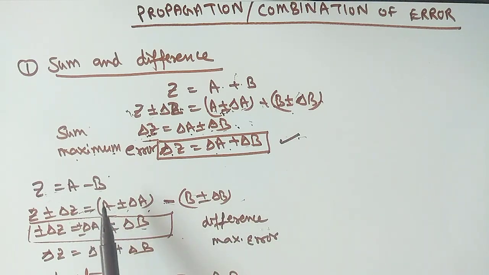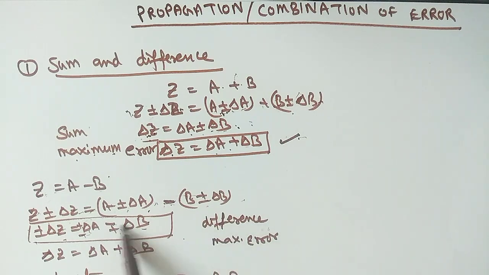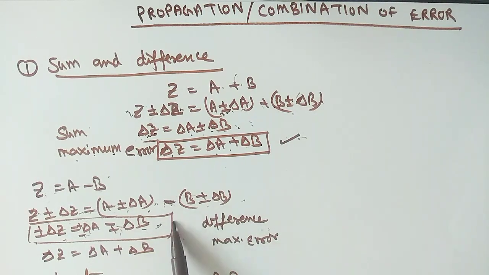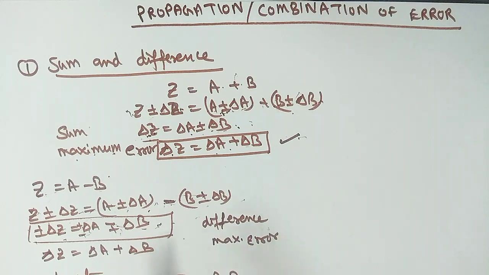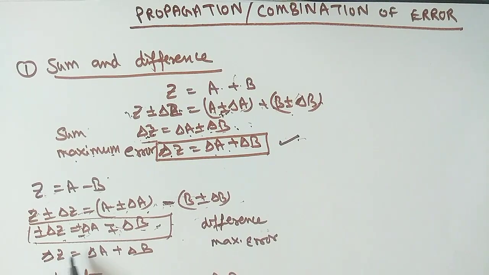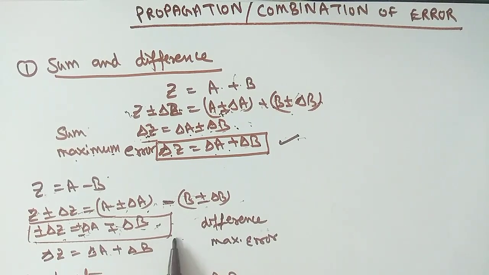If you simplify, because A minus B is equal to Z, Z will be cancelled, or plus minus delta Z is equal to plus minus delta A minus plus, because it is multiplying by minus, it becomes minus plus instead of plus minus. So minus plus delta B. This is the required expression in case of the difference. From here you can say the maximum possible error in the difference case is delta Z equal to delta A plus delta B.